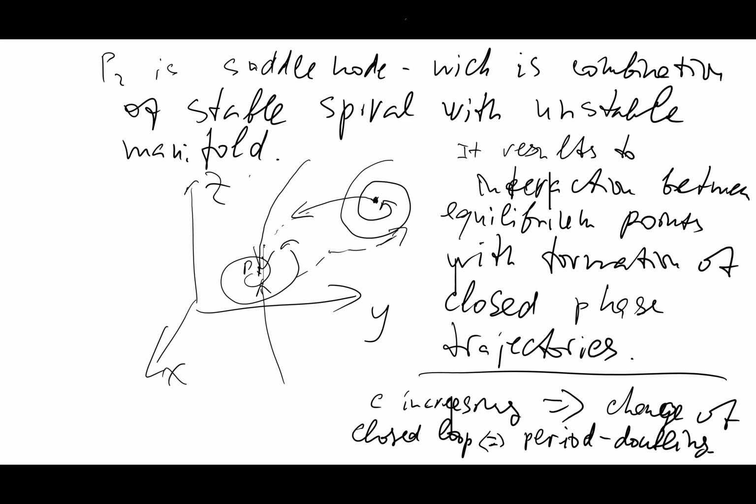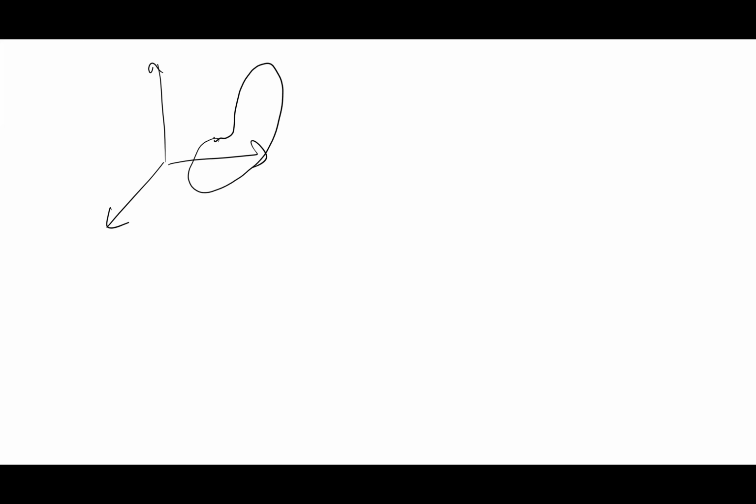And this period doubling, I can illustrate it like this, but you can see a couple of figures in the lecture notes on how it forms. So let's say this is the first loop, so it is like this. Somewhere here P1, somewhere here P2. So this is a closed loop.